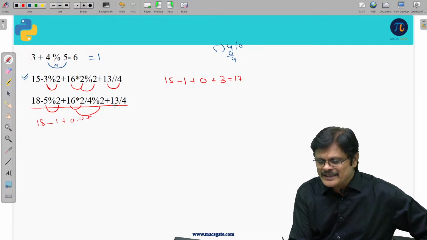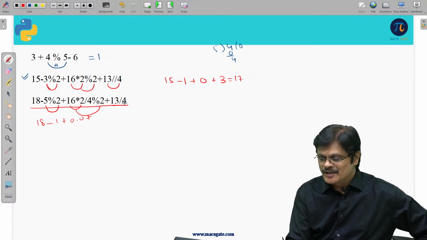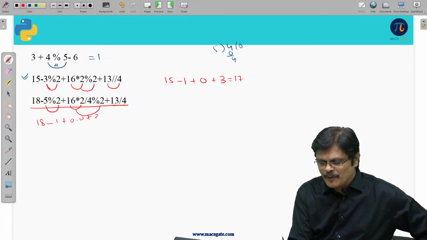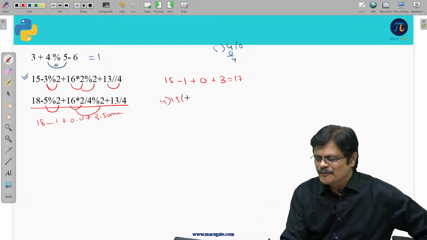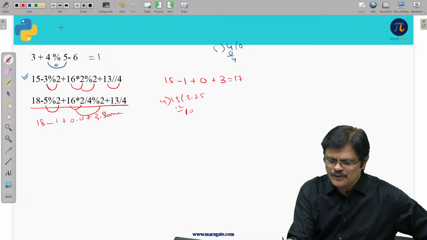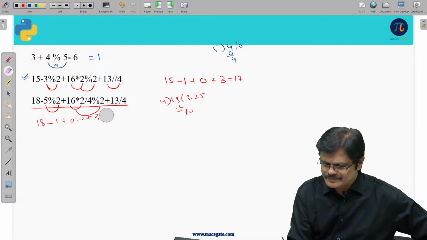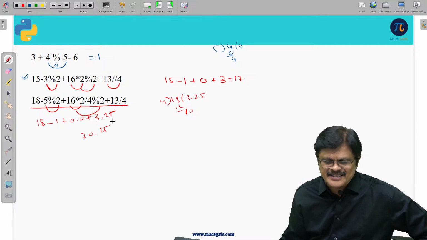13 by 4: here I do not use floor division, I use normal division. So you are going to get 3 point something. I don't know what that something is, you can check that. 4 3s are 12, 1, and then 2 and 5: 3.25. So 17 plus 3.25, 20.25 is the expected answer.